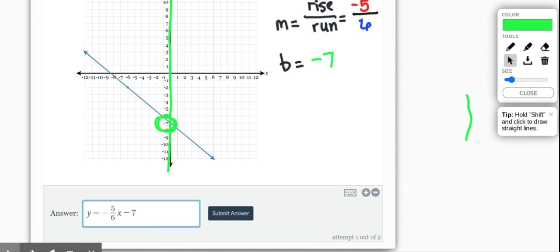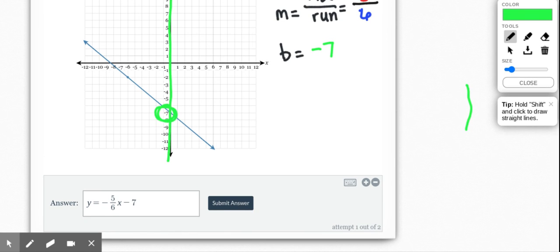So again, we have to use y equals mx plus b. And we can submit our answer.